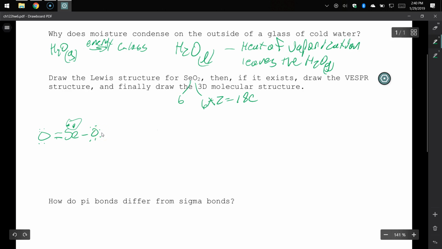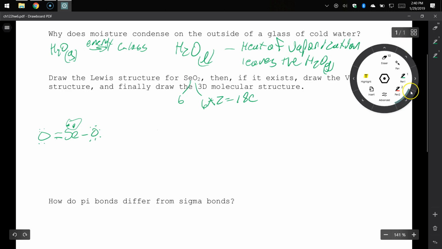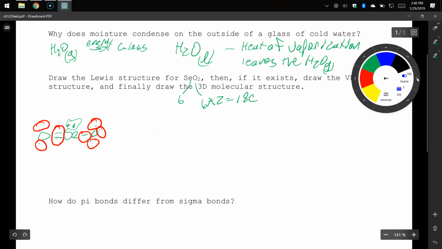There's only those 4 electrons and then those and those. So that oxygen's seeing 8. This one's seeing 2, 4, 6, 8. And the selenium sees 2, 4, 6, 8.